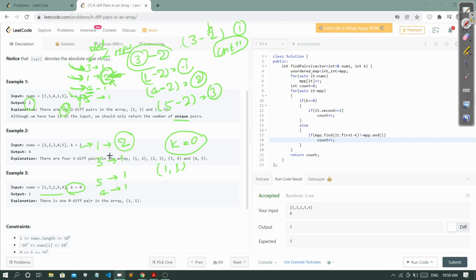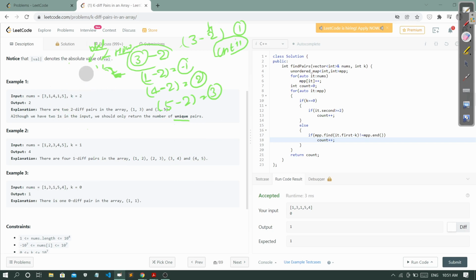Suppose 3 also occurs 2 times, then there is one more possible pair, that is 3 3. So in that case we have to return count equal to 2. But in this example, we have only one element that occurs 2 times, so we have to return 1. Okay, I hope you all understand the approach of solving this problem.